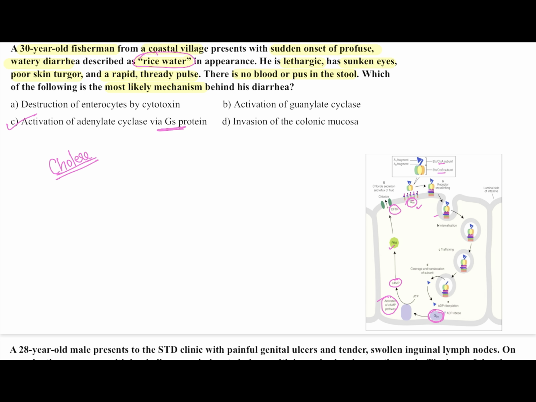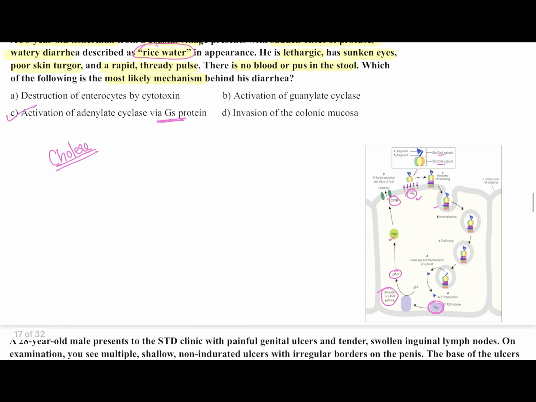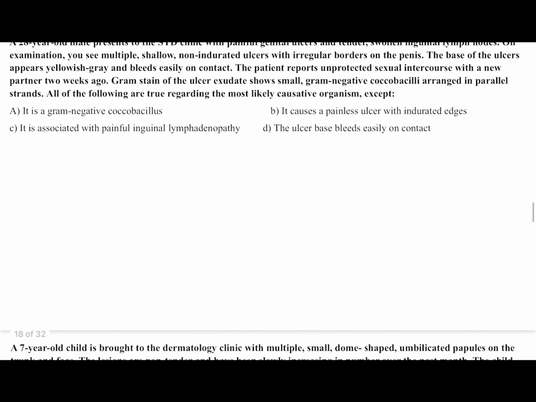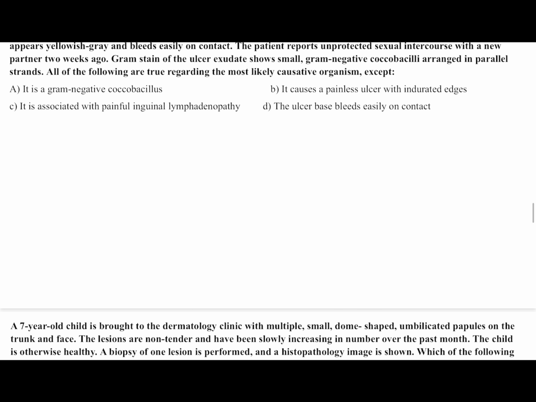And invasion of colonic mucosa can be done by multiple organisms. So here the correct answer will be adenylyl cyclase by the GS protein, because the question said rice water, meaning he is having cholera. Okay, so this is the correct answer for this question.